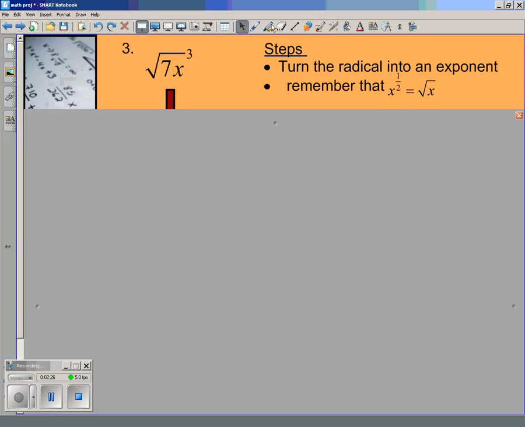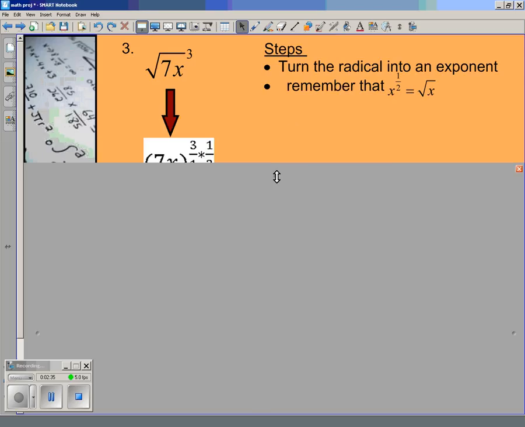The equation that we're given is the square root of 7x with an exponent of 3. Now, if we remember that x with an exponent of 1/2 equals the square root of x, and we use that idea and put it into the equation, we will get 7x with an exponent of 3 over 1 times an exponent of 1/2.